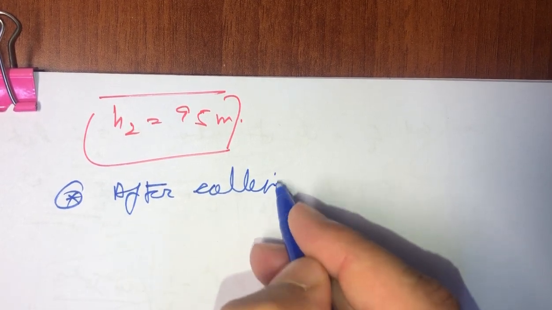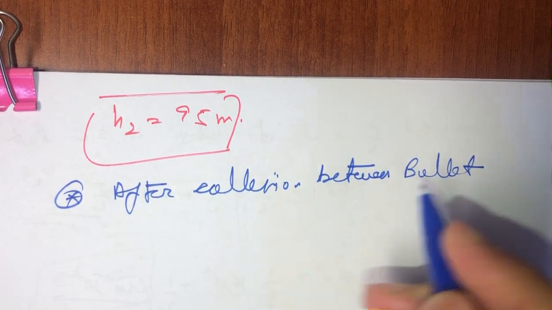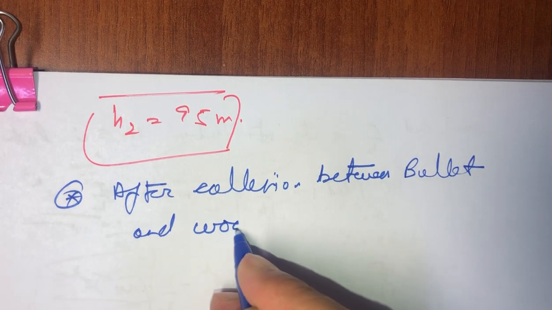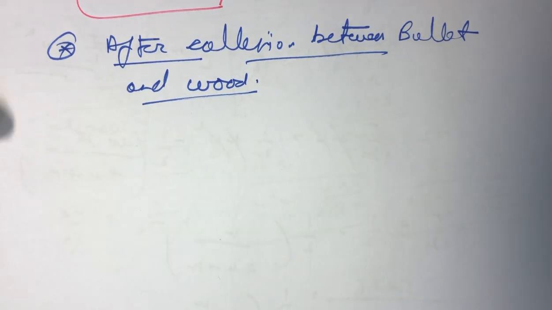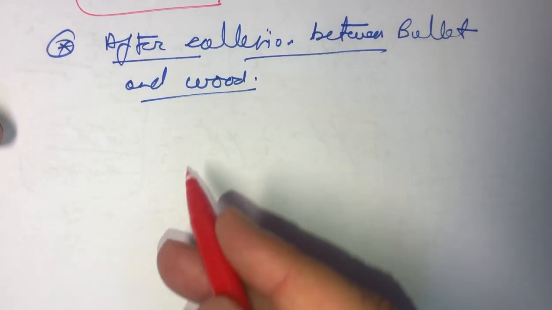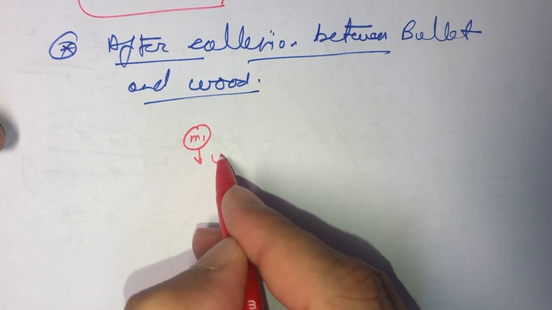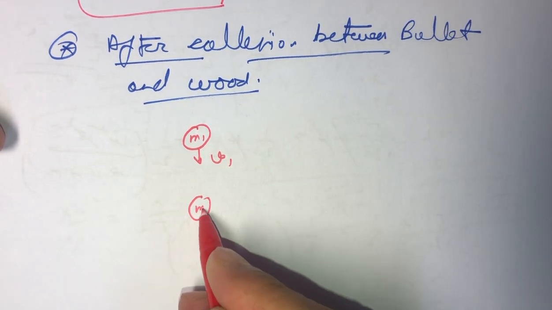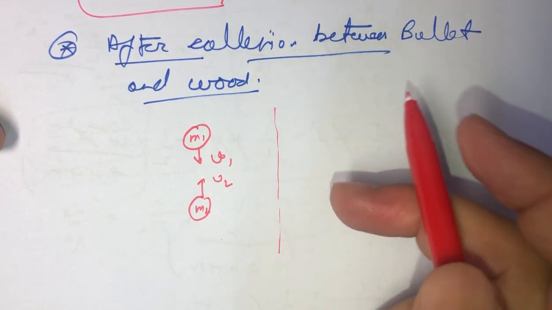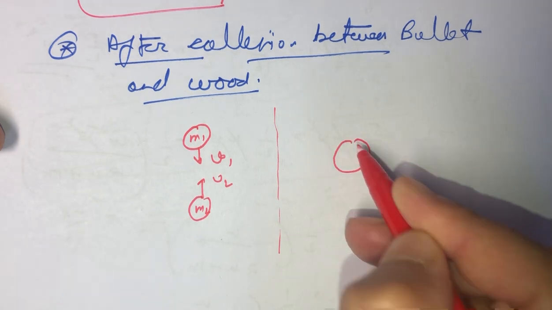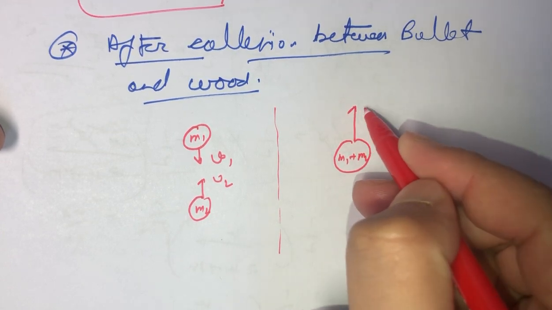After collision between bullet and wood, we can say that just before collision, m1 is traveling downward with the velocity of v1 and m2 is traveling upward with the velocity of v2, and after collision they become one system, and let us suppose that is given as m1 plus m2, and combined they travel with the velocity of v.